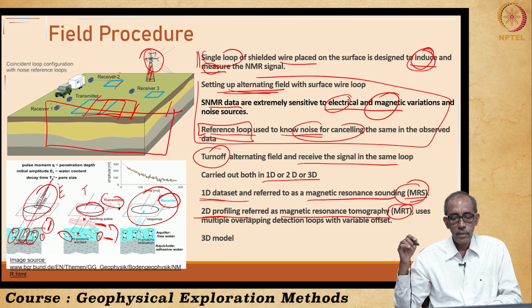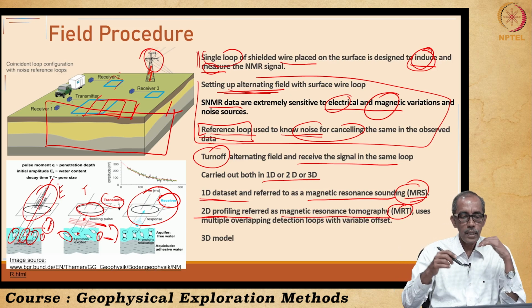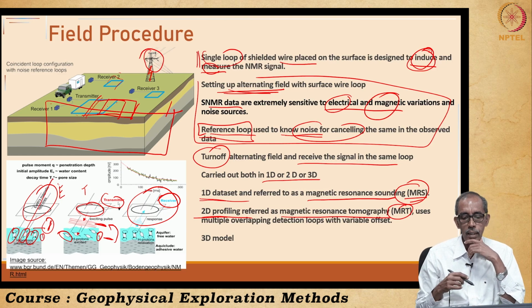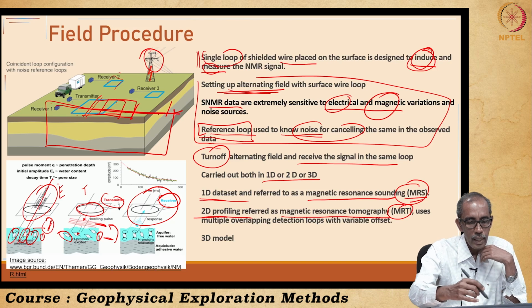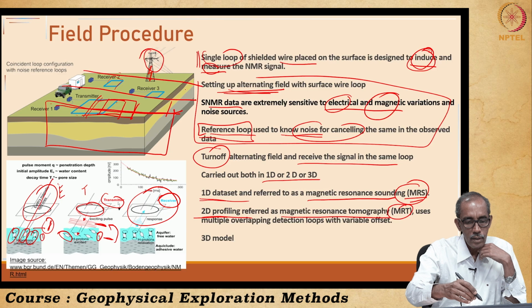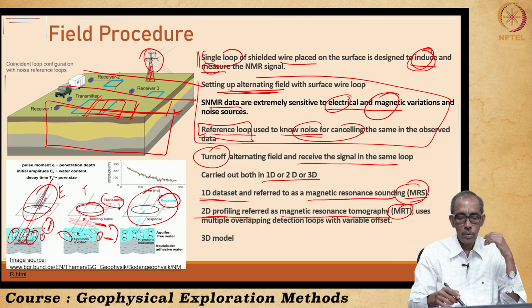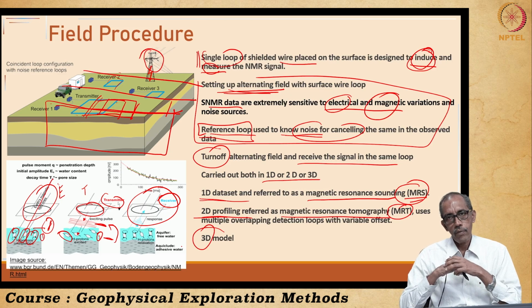What it does is, it uses overlapping locations of loops as I have drawn here, right. Then now we have information along a profile. The same thing can be done for the next profile as I am drawing, right. This helps us to come out with the 3D configuration of the subsurface, right.